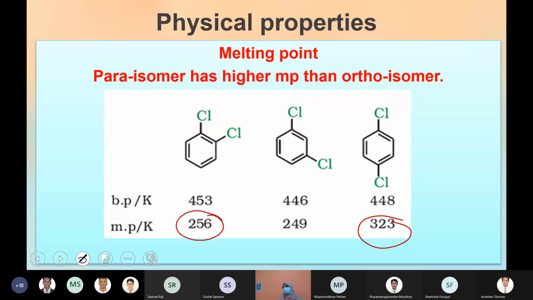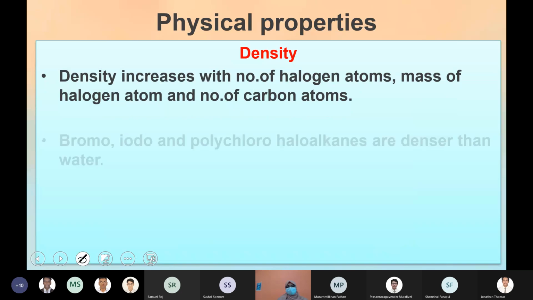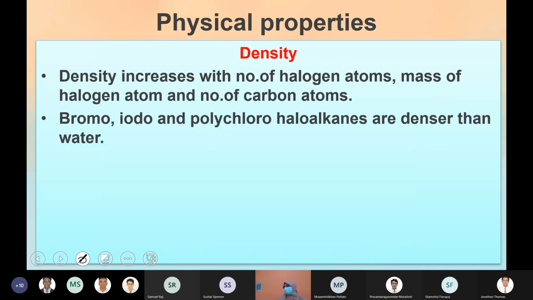Para isomers have a greater melting point than ortho. Para isomer has a greater melting point than the ortho isomer.